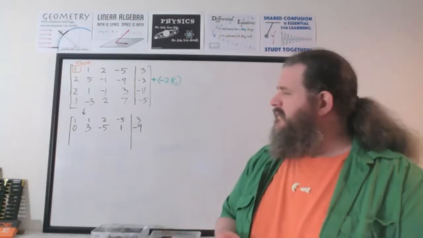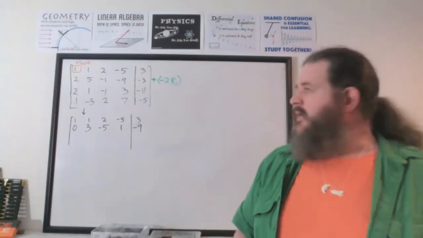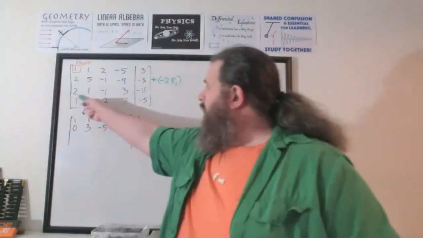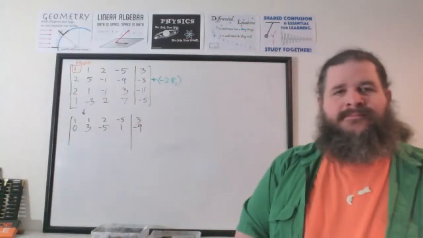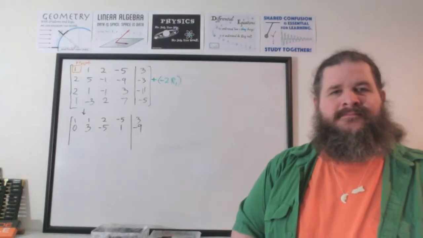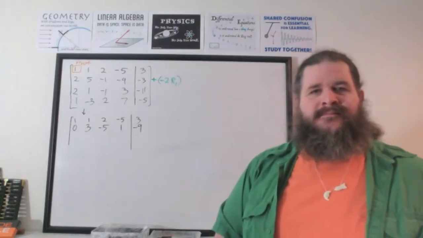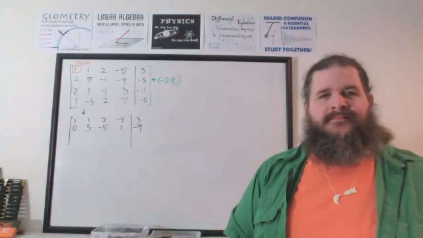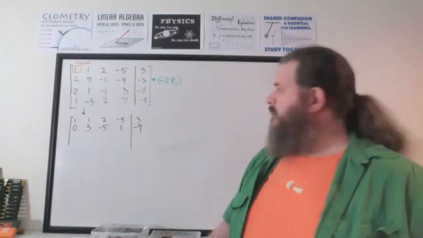And while we're at it, even though this is technically a next step, we can combine them all into one step. How could we modify row 3 to get rid of this 2? Yeah, we could do the same thing.